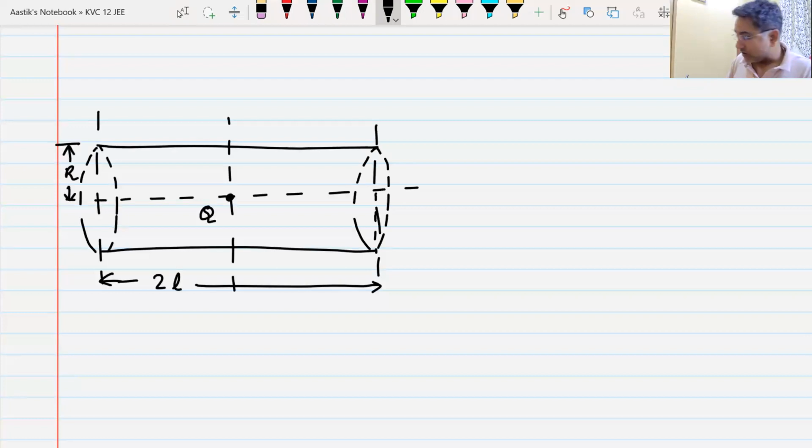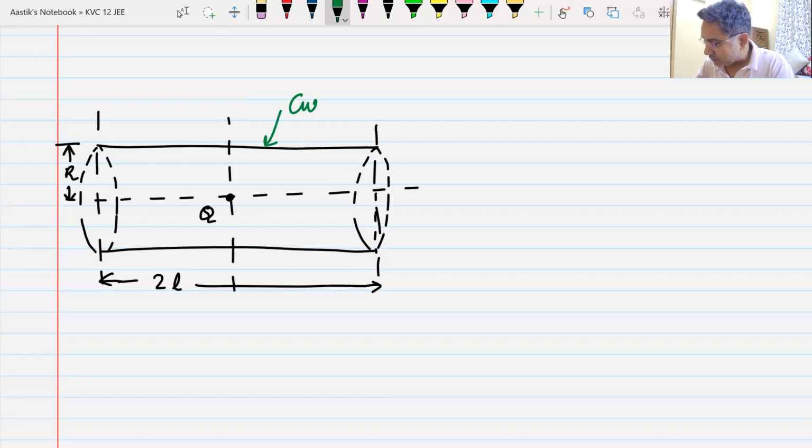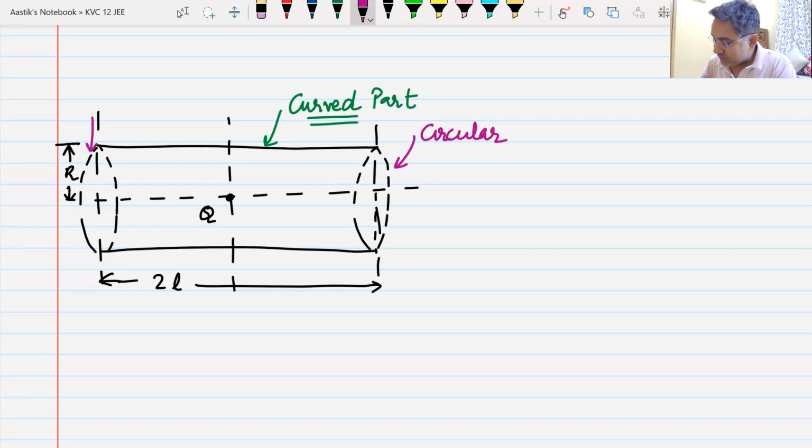You have to find the flux through the curved part of the cylinder. I hope you can imagine this is the curved part of the cylinder. This is the curved part, and this one is the circular part here. A cylinder has one curved part and two circular ends. Do we understand this?